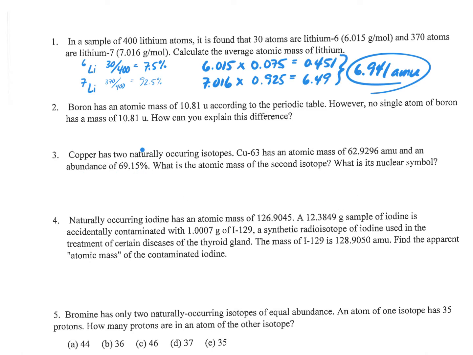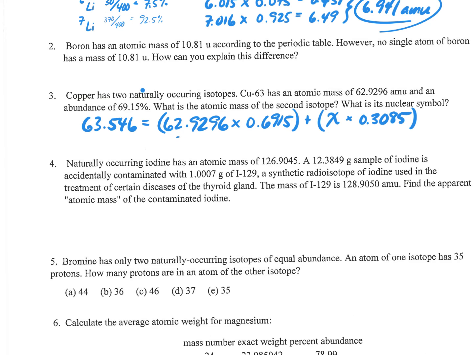Here we go. All right, so I've set this up. Let's see why I did what I did or where I got these numbers from. Okay, so like we've done before, we're finding the weighted average. How did we do that? Well, we would take the mass times the relative abundance plus the other isotope, take the mass, which now is X, times the relative abundance.